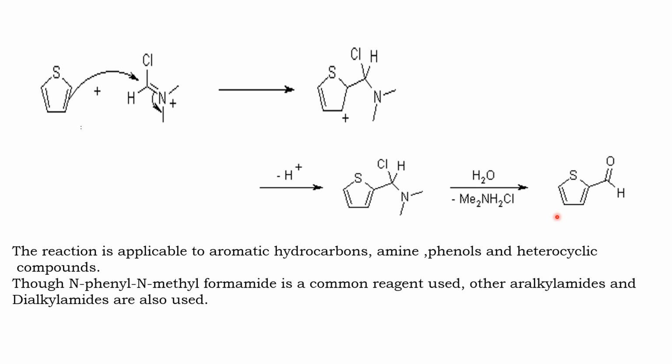So the Vilsmeier-Haack reaction is a simple reaction that could easily be used to introduce a CHO group to heterocyclic rings or aromatic phenols or amines or active aromatic hydrocarbons. Using phosphorus oxychloride and dimethyl formamide, we could easily introduce a CHO group to the heterocyclic compound. Take down the importance.